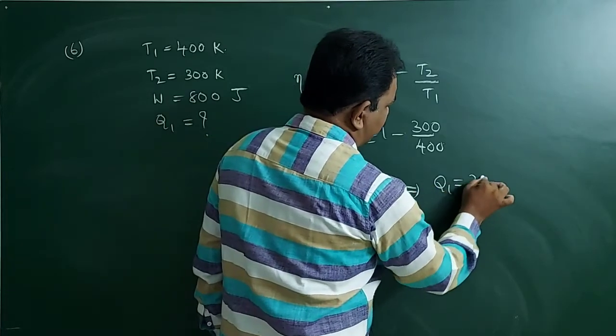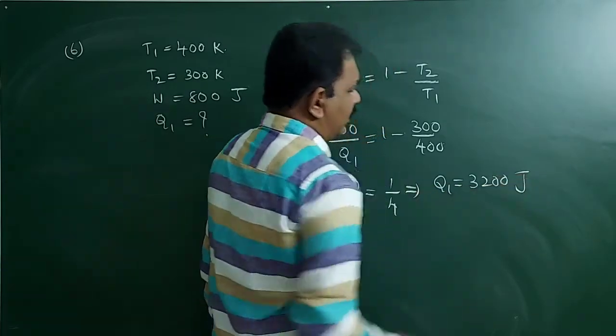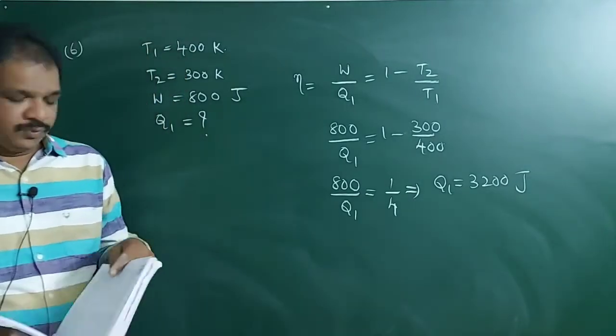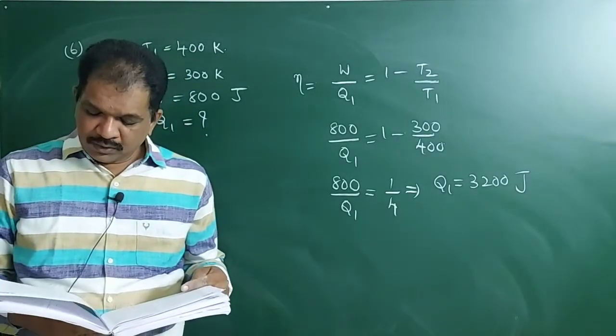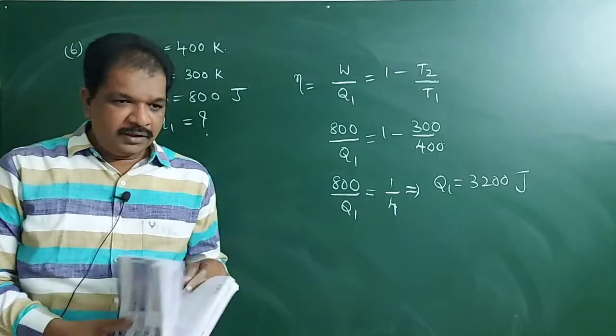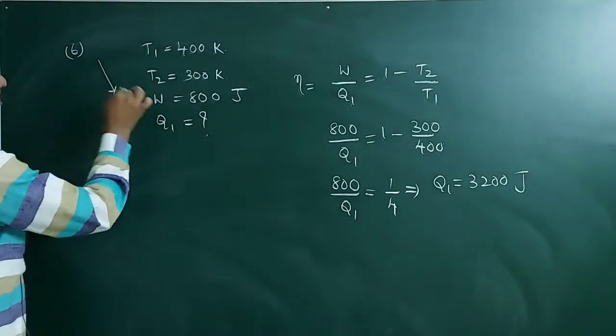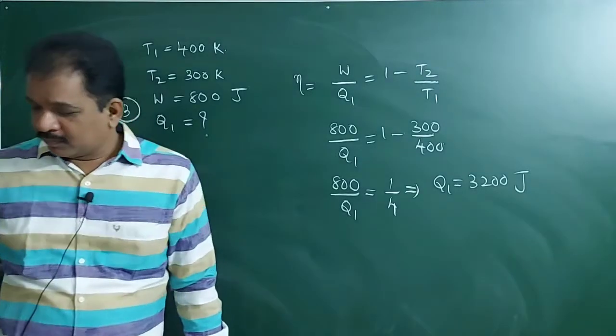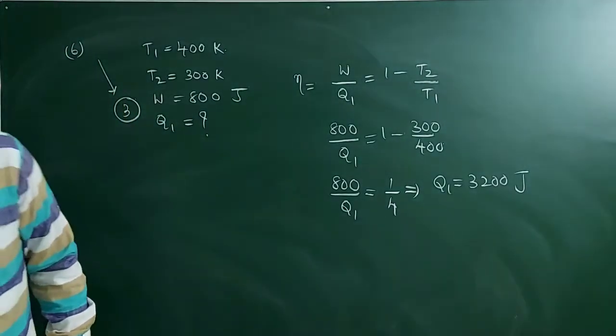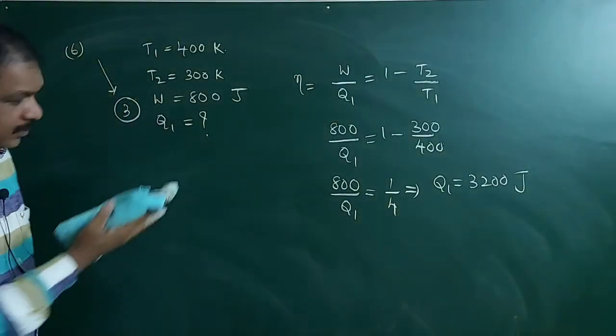Q1 is equal to 3200 joules. So the sixth question will be the third option. Okay. Next, seventh question.